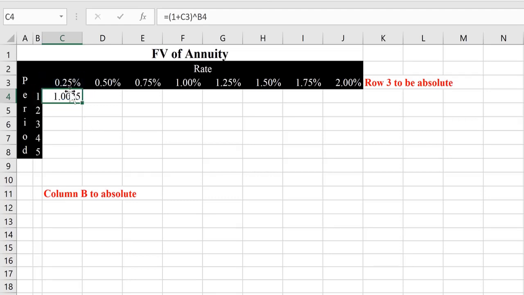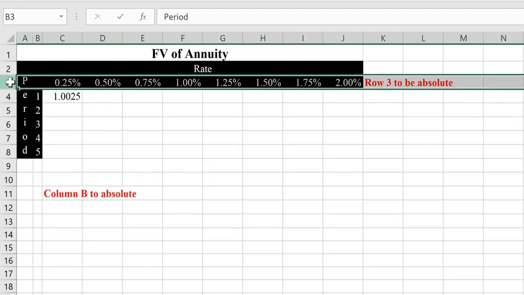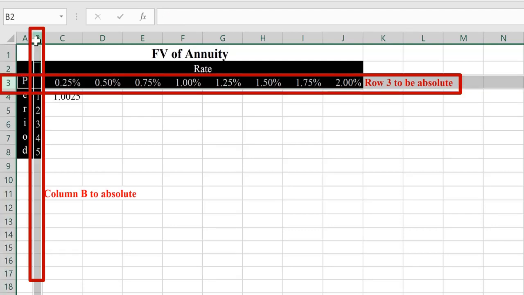In this case row number 3 represents the interest rate, whereas column B represents the year. So these are the two cell addresses, column B and row 3.